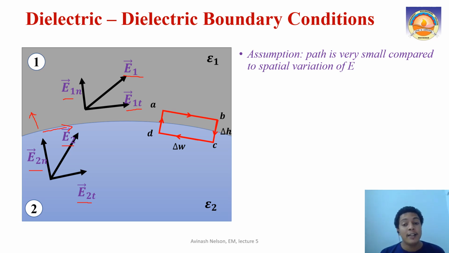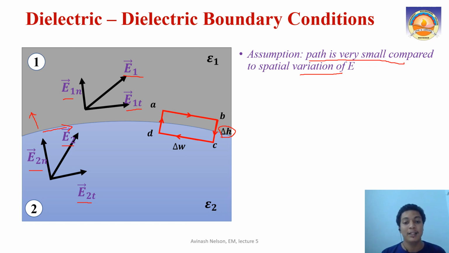The loop is very thin. Let me call this delta h, the height of this box. This height tends to 0, so it is very small. Our main assumption is that along that path the electric field is not varying with respect to space coordinates. Wherever you take it in that small distance, the electric field is going to be constant, right?